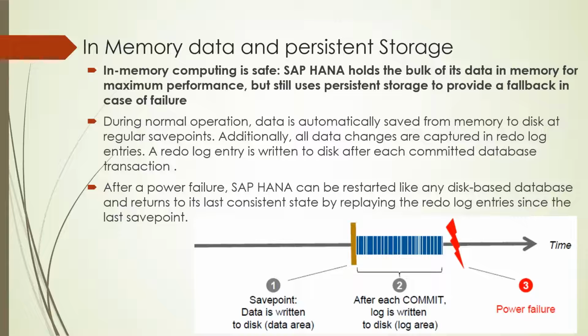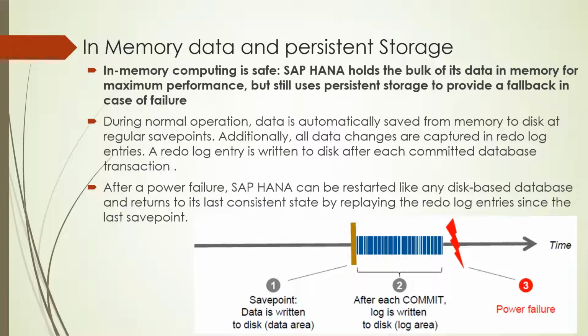Because if there is any failure like power failure or hardware failure, the server will crash and the data in memory will be lost, because memory is a temporary container. The data will be there in memory only if the server is active.